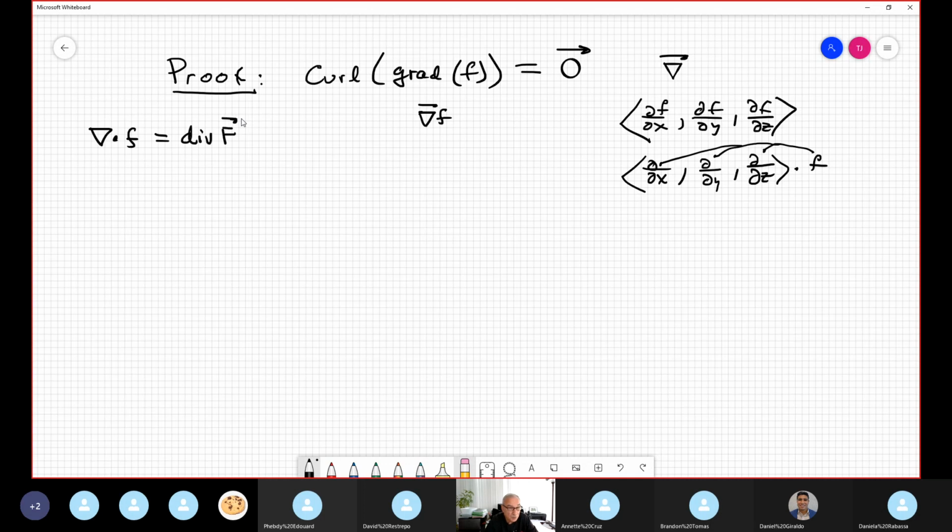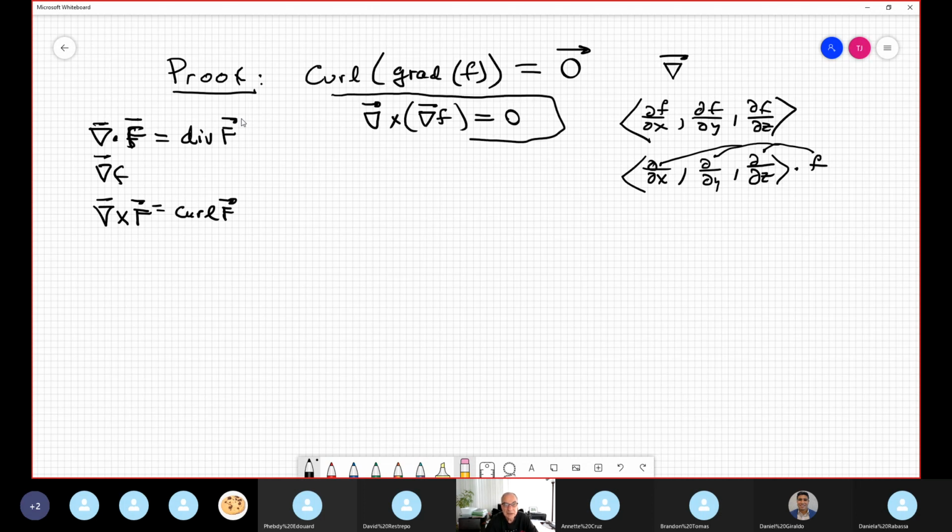Of course, it's a vector field, not a function. This is gradient. And the gradient, f is little f. And this is the curl in 3D. And finally, I apply to this a curl. So I want to prove this.